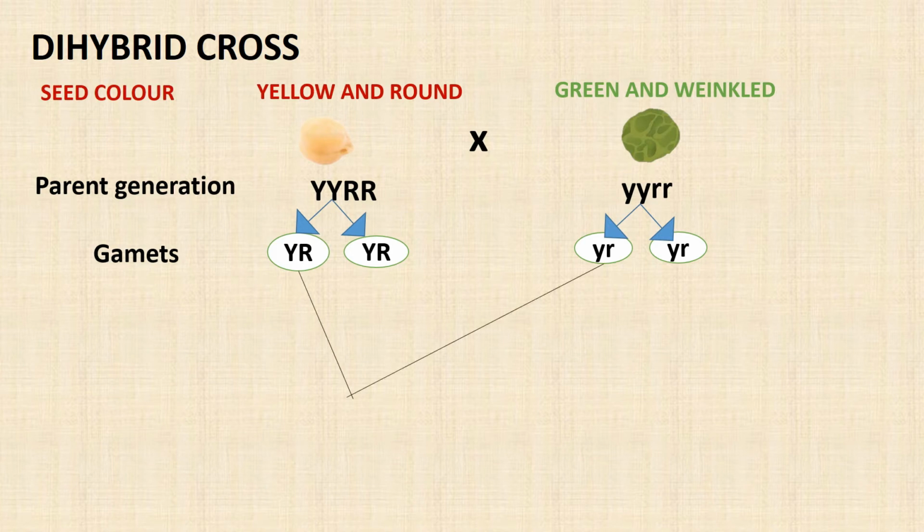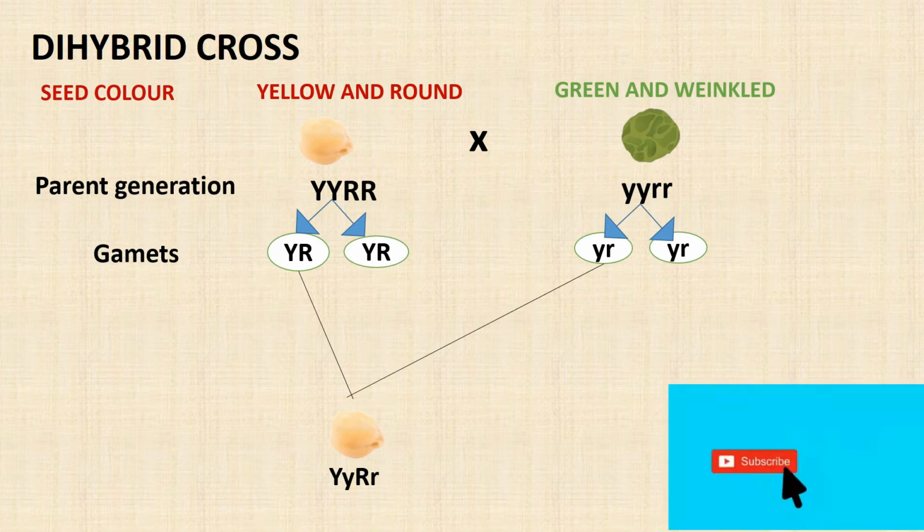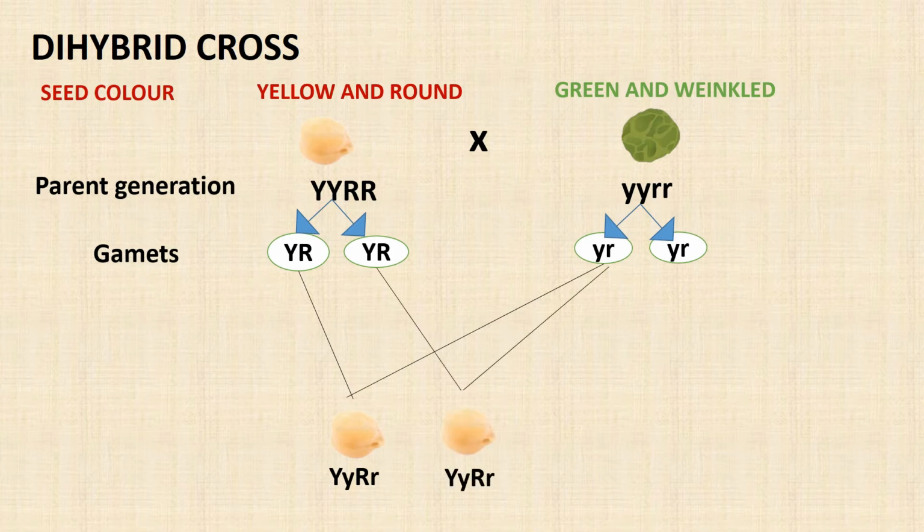So the capital YR of the first plant fuses with small yr of the second plant and forms capital Y small y, capital R small r. And in the other cross also it forms the same factors, that is capital Y small y, capital R small r. And this is the F1 generation.